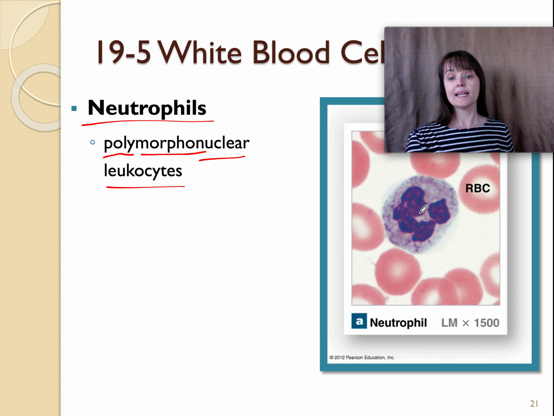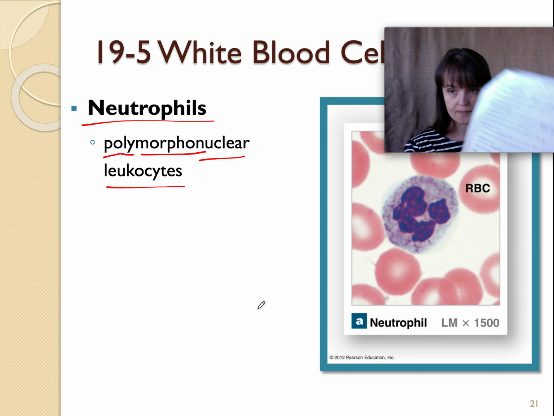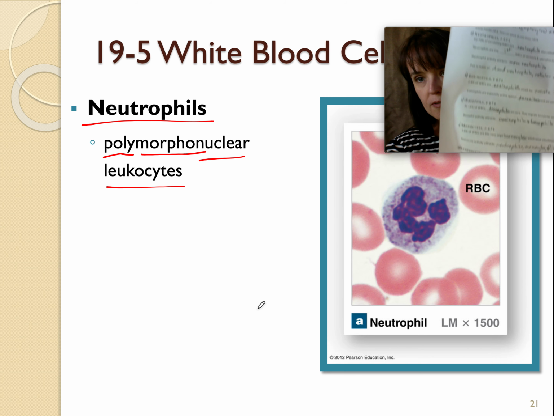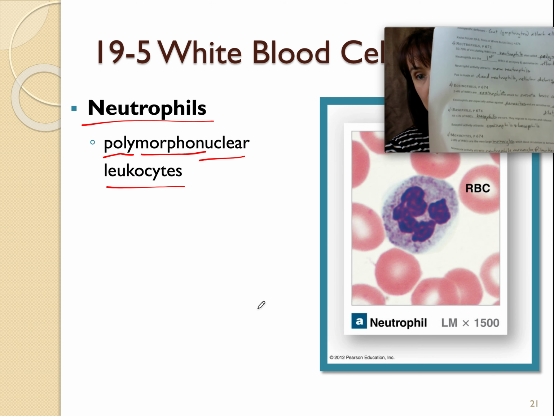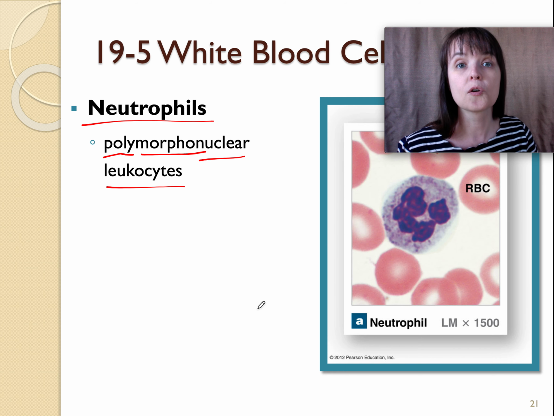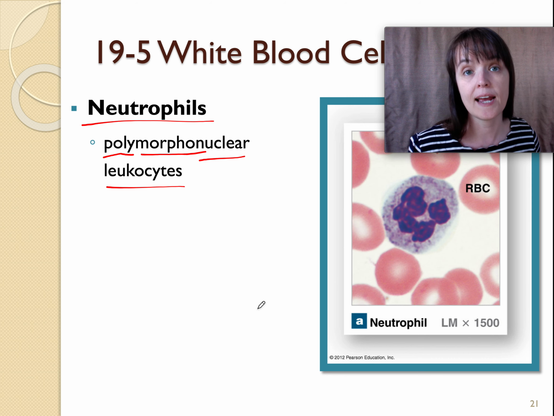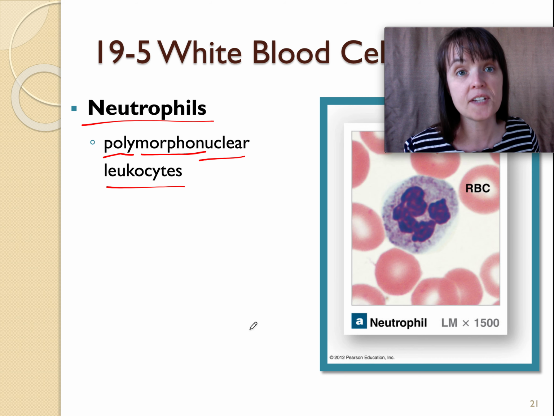Next, the first three on the list, the phils: neutrophils, eosinophils, and basophils. Those three are granulocytes. They have granules, visible granules that stain.